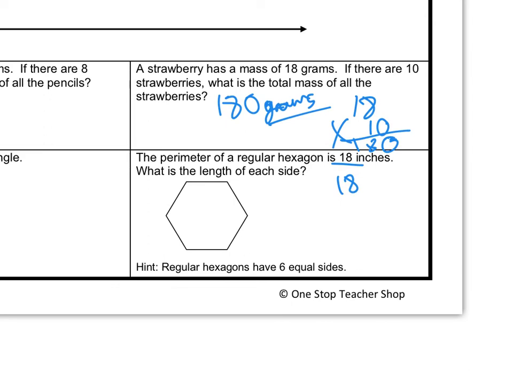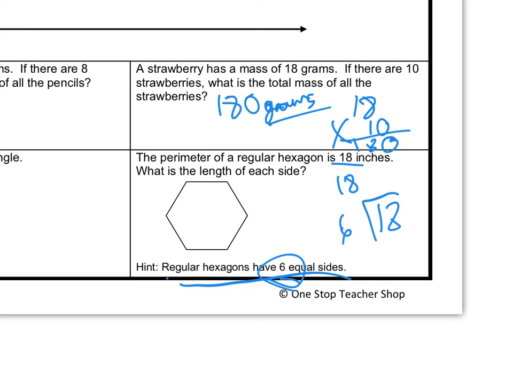And down here it gives you a hint which says regular hexagons have 6 equal sides. So our hint here is the number 6, okay? So what you're going to want to do is write 18 and put a division bar in front of it and write 6.